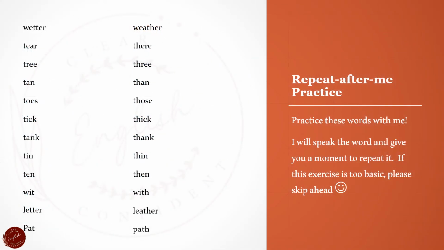In this exercise, we'll be pronouncing each word pair line by line. Let's get to it. Wetter, weather. Tear, there. Tree, three. Tan, than. Toes, those.